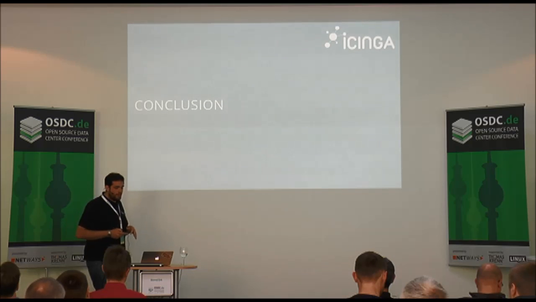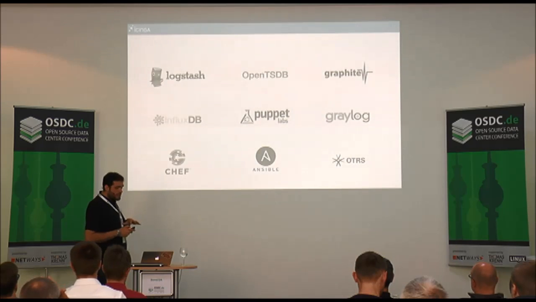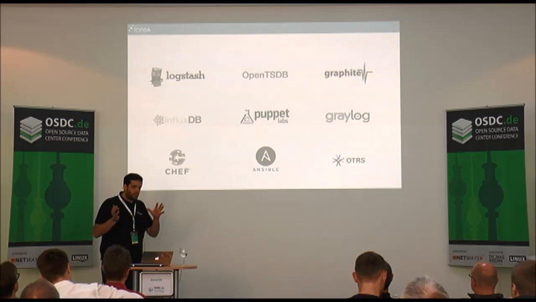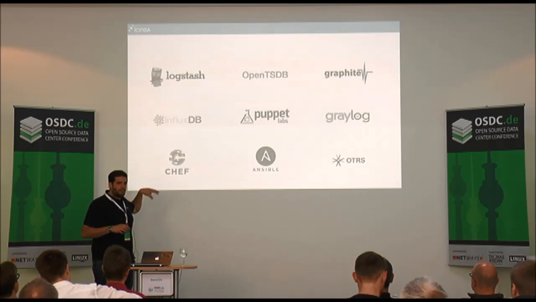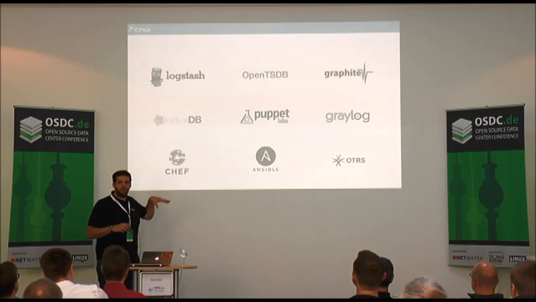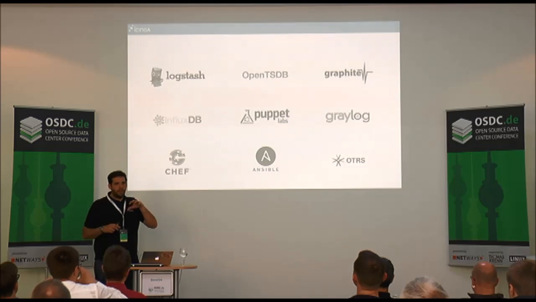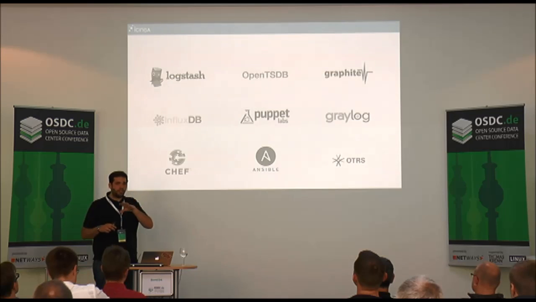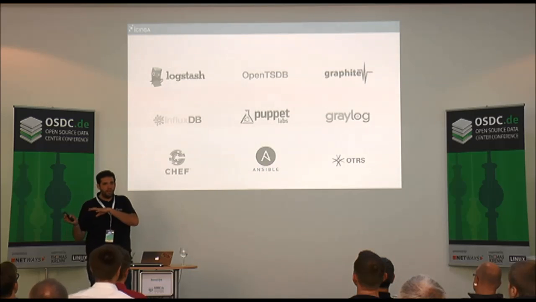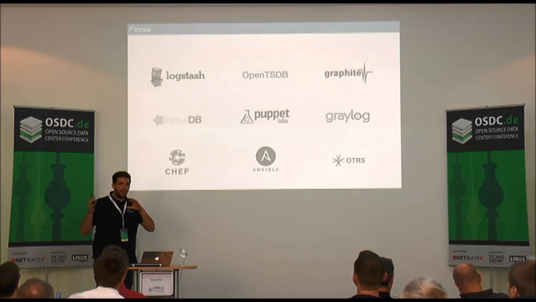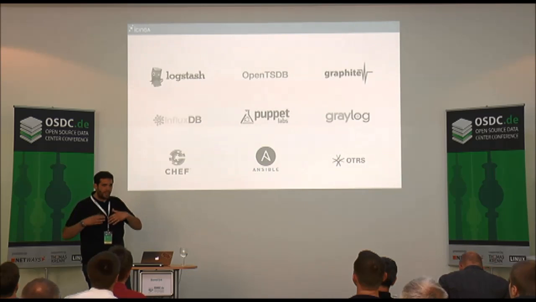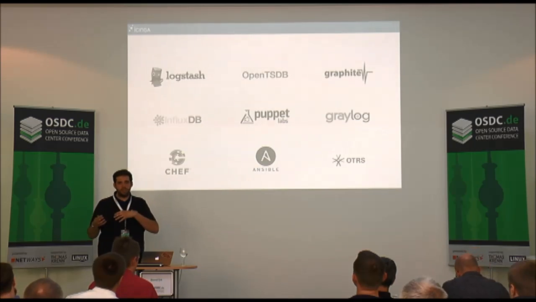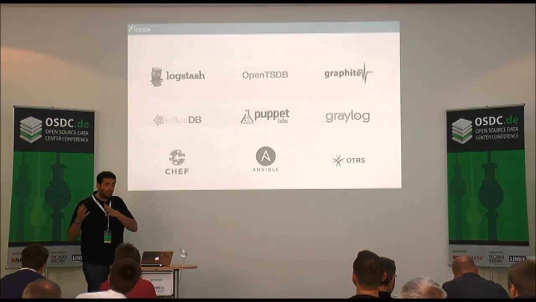A conclusion, just an important thing that describes what we want to do. We want to be compatible with all these hot tools, but we don't want to reinvent the wheel again and again. So we want to focus on monitoring and APIs, which is the major target for the next version. 2.4 is our main reason that we want to APIfy everything, so that you can get all the data, you can create hosts, delete hosts, do everything using a concrete API.